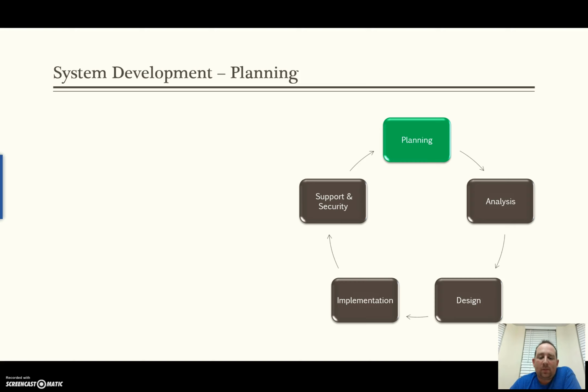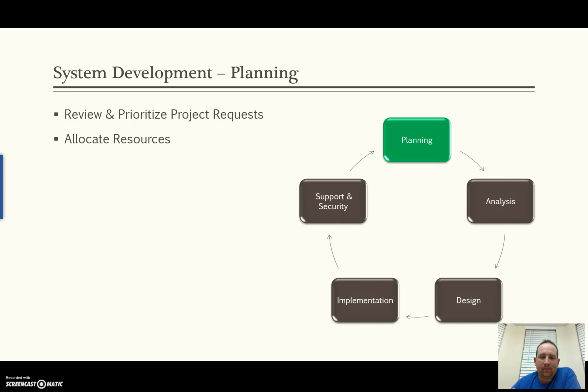So the first phase is planning. This is where you would review and prioritize the project requests. So make sure that you've got the most critical things, the things that are going to take the most time. Make sure that you have those addressed and you prioritize those above maybe the ones that won't take as long and that are a lower priority. Make sure that you allocate your resources appropriately.